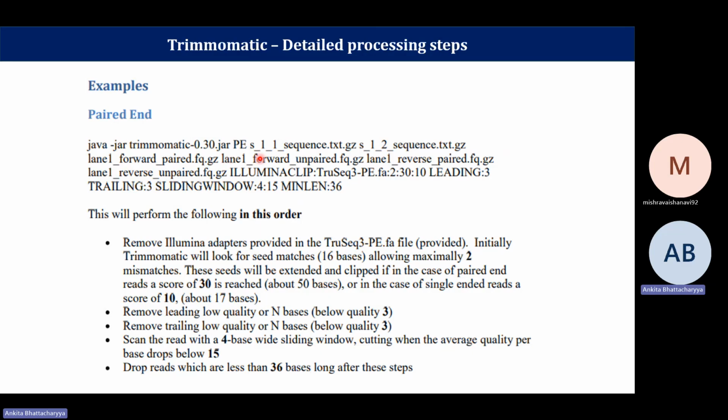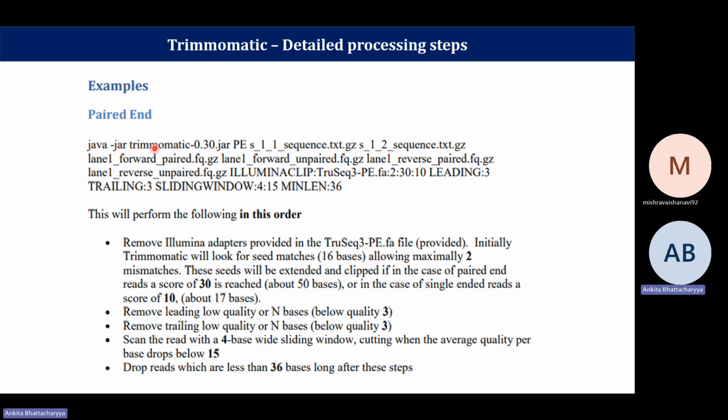For paired end Trimomatic based trimming, four files need to be provided, where you have S11 sequence text GZ, S12 sequence text GZ, which are the FASTQ files, and you have forward paired, forward unpaired, reverse paired, and reverse unpaired. These are the four files that you provide to Trimomatic.